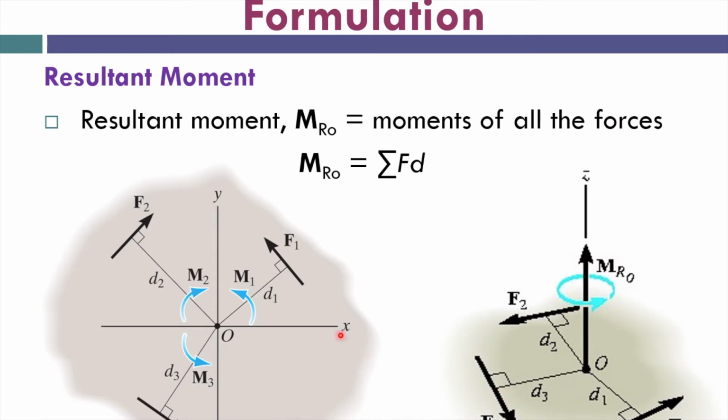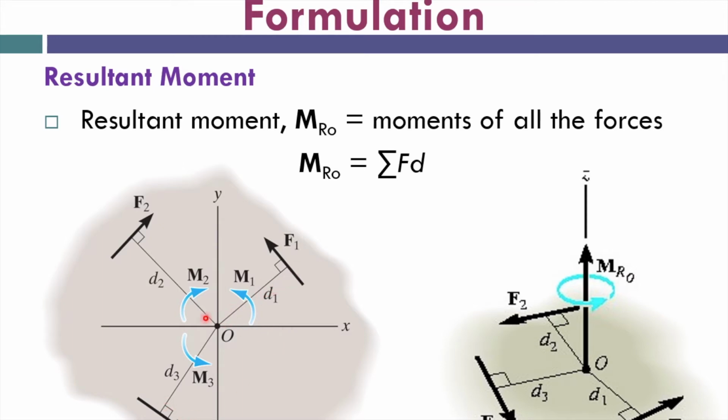Okay, resultant moment is given by MRO. Okay, moment resultant, and it is the moment of all forces, or the summation of all forces along the line or axis. So, for example, force F1 is acting in this direction, force F2 acting in clockwise direction, F1 in counterclockwise direction, and F3 also counterclockwise direction.